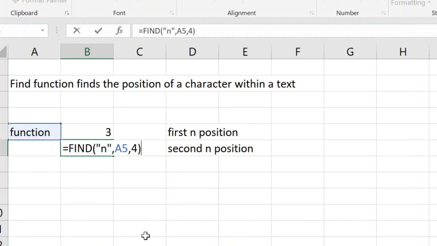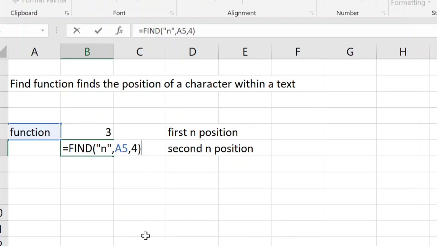Once we put 4, the system will ignore the first 3 characters and start searching from the 4th. If the system starts searching from the first character, it will find the first n and show that result. It won't go past 3.